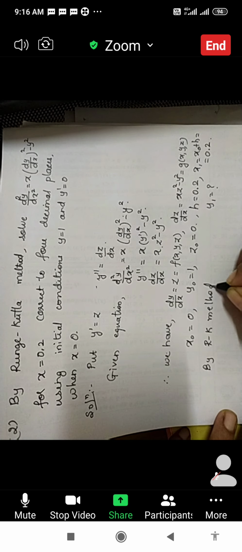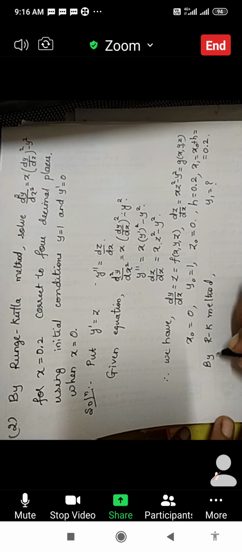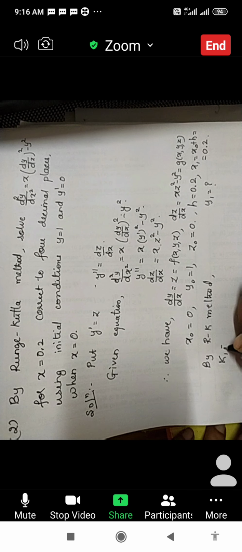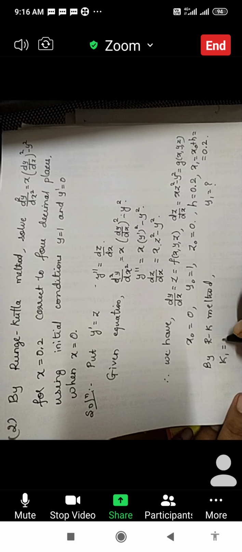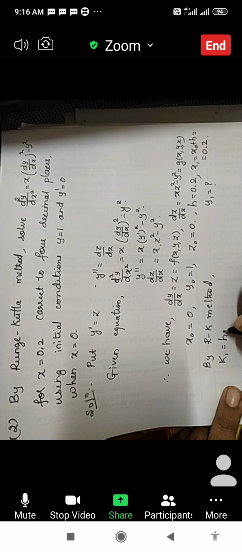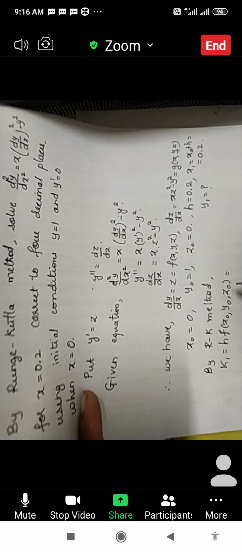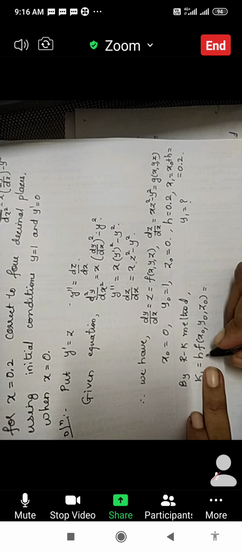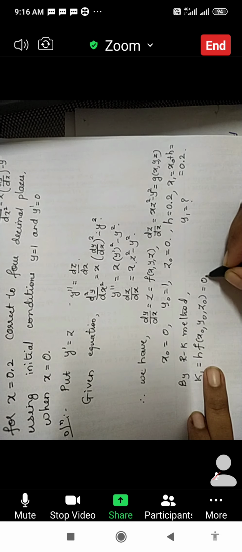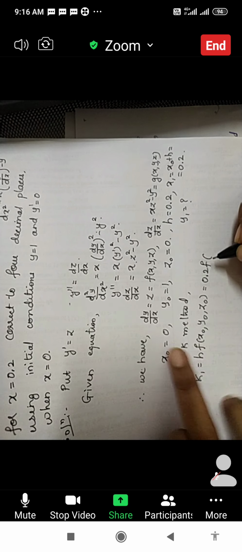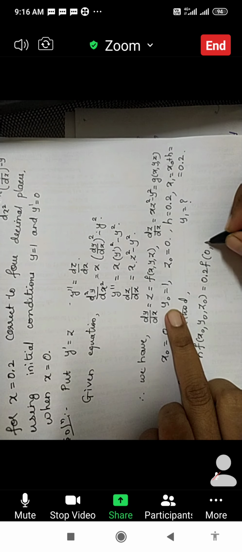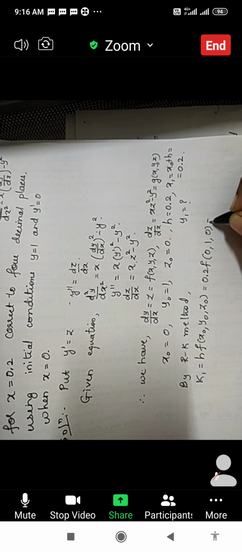First we need to calculate k1. The formula is h into f of x naught, y naught, z naught. Substitute the values. h is 0.2. f of x naught is 0, y naught is 1, z naught is 0.